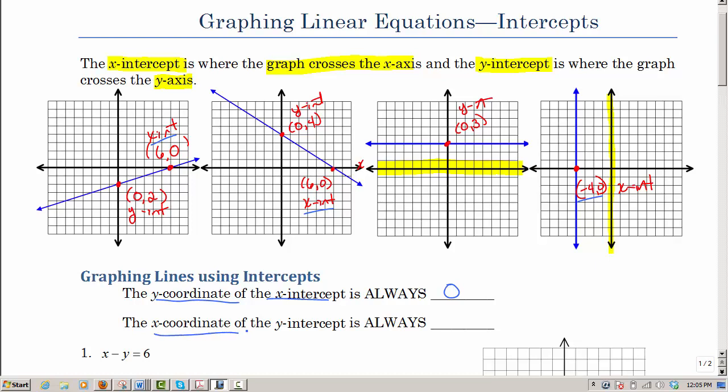Now look at the x-coordinate of the y-intercept. Here, here, here, and it is also always 0, because in order to cross the y-axis, your x-coordinate needs to be 0.